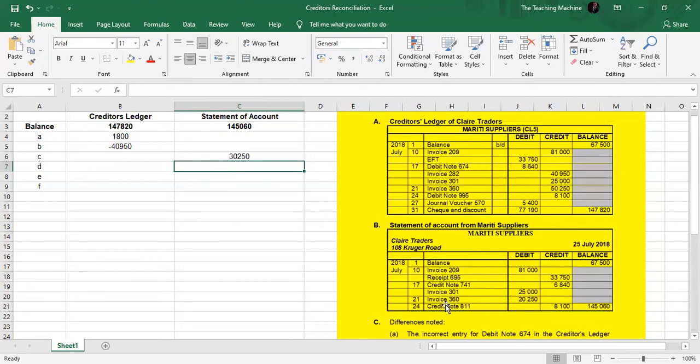But Marigi suppliers recorded that invoice as 20,250. So they have understated the invoice. So now they need to add the difference. They need to add 30,250 because they recorded a lesser amount. I hope you are answered.